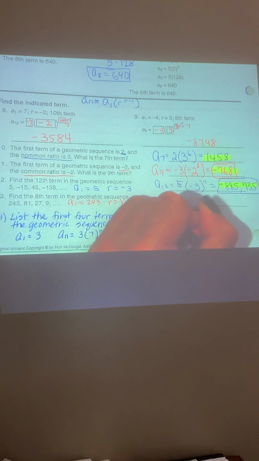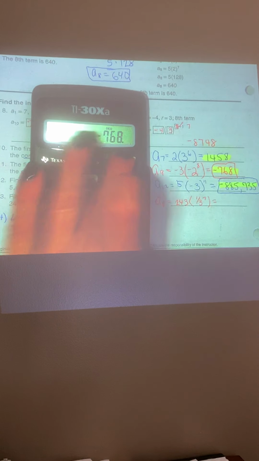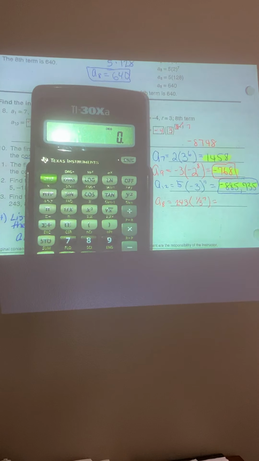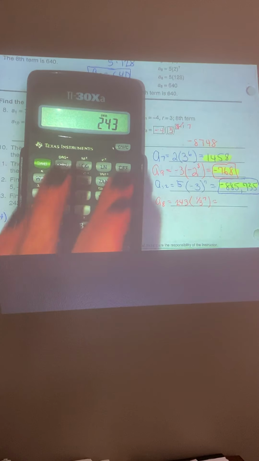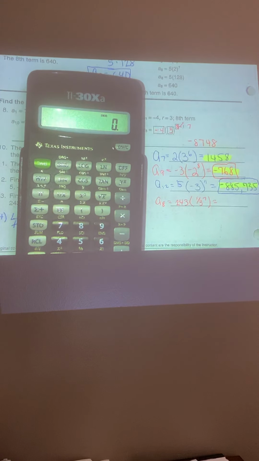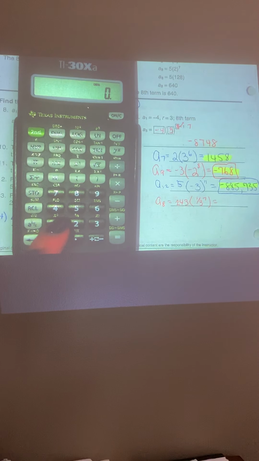Now, we got to talk about this. We're going to do this one together. A_8 equals 243, times 1/3 to the 7th. Now, how do we write 1/3 as a fraction? 1, ABC, 3. Everyone see the ABC there?